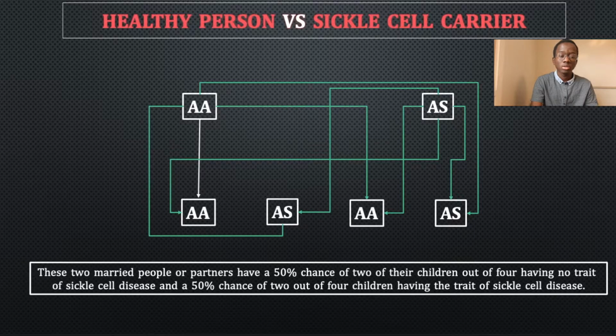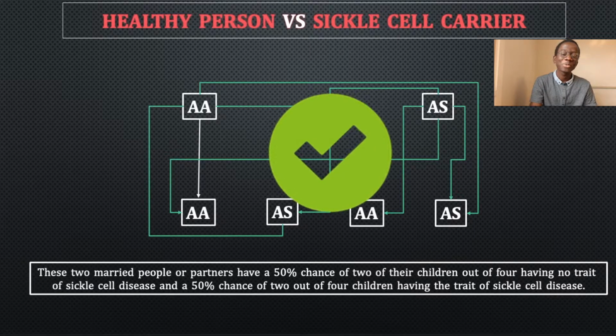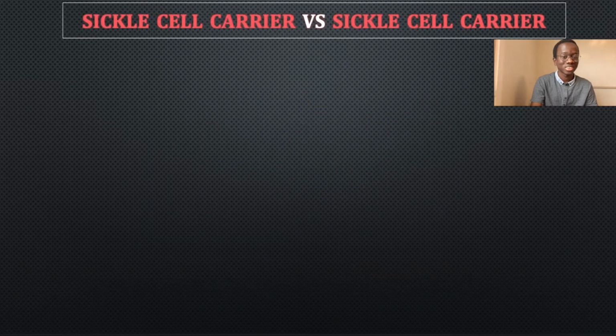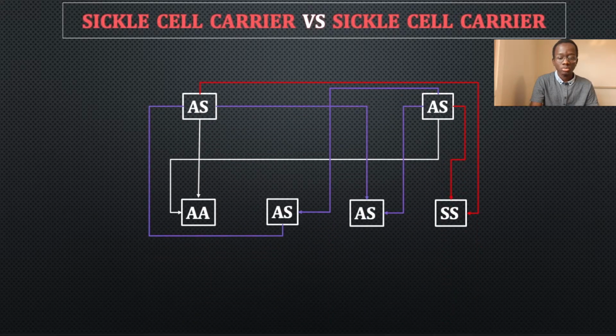However, when it comes to a sickle cell carrier and someone who is also a carrier, there is a 50% chance of having a child who is a carrier of the disease, a 25% chance of having a child who is healthy and a 25% chance of having a child who has the disease.